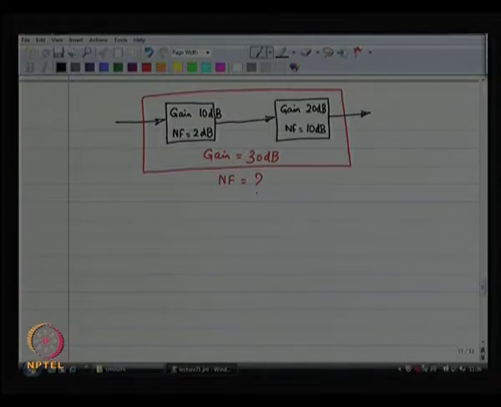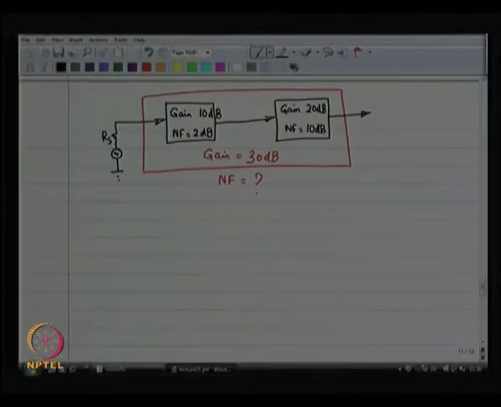The definition of the noise figure was, suppose I have got a source over here. So, the source has its noise, right, the source is inseparable from its noise. If you are talking about an antenna, the antenna has an impedance and that impedance is going to create some noise.